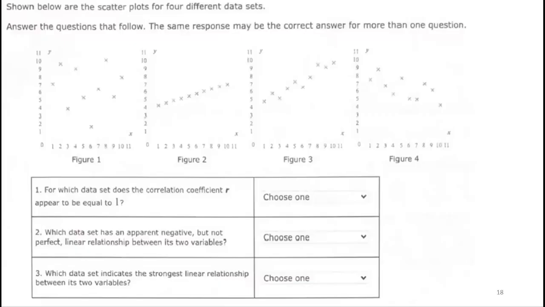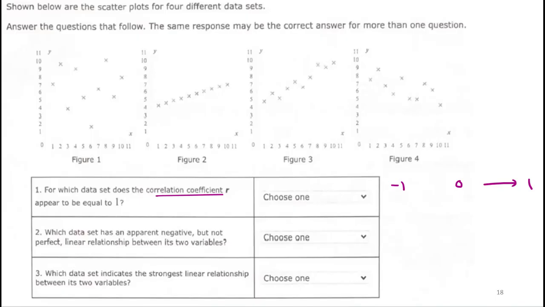Okay, this next one is talking about the correlation coefficient. The correlation coefficient is talking about how strong the relationship is between the two things you're trying to compare. It is going to go from -1 to +1. As it gets closer to +1, you have a strong positive correlation between those two items.